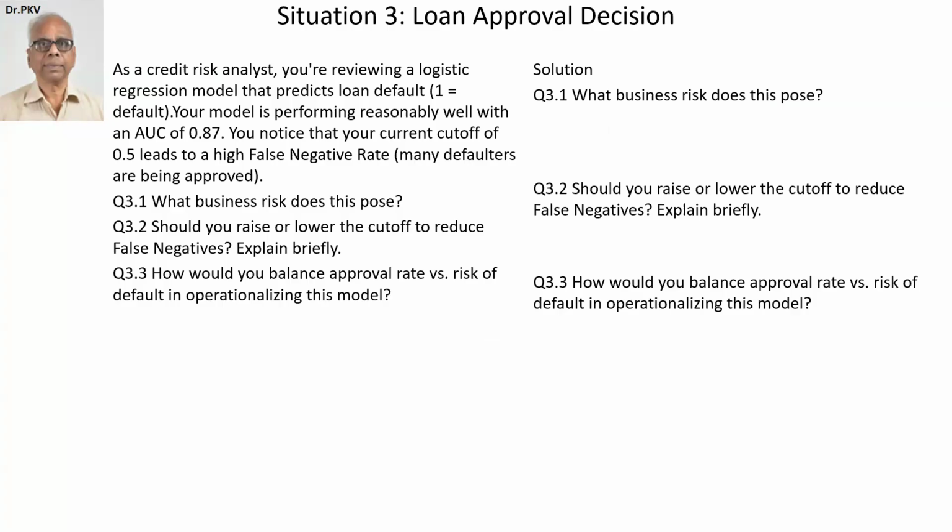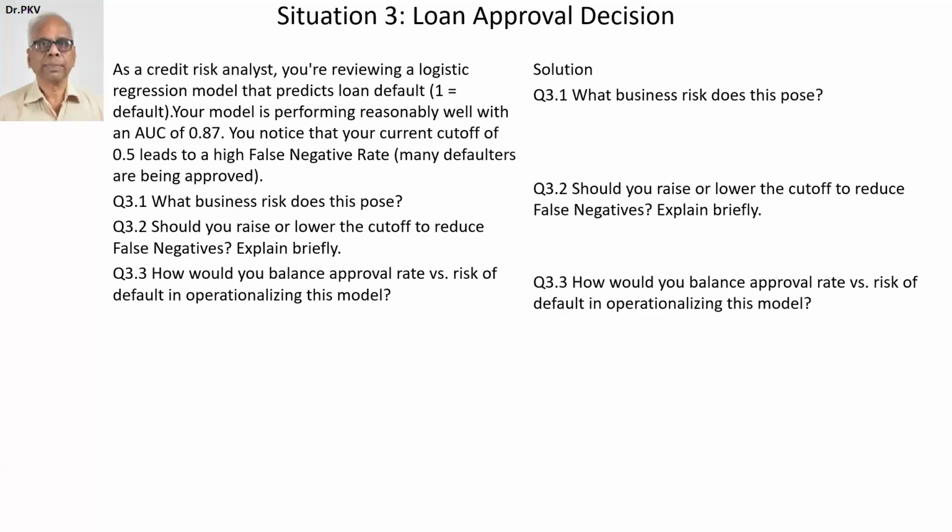Loan approval decision. Let me read out the problem. As a credit risk analyst, you are reviewing a logistic regression model that predicts loan default. 1 is equal to default, and therefore 0 is equal to no default.